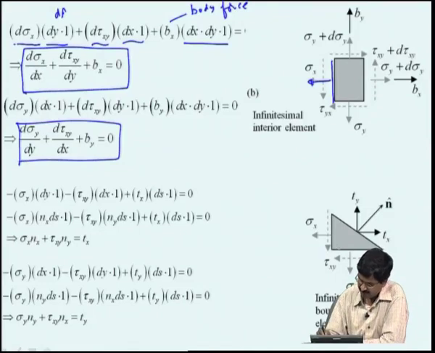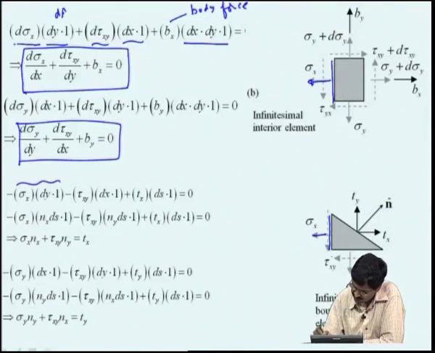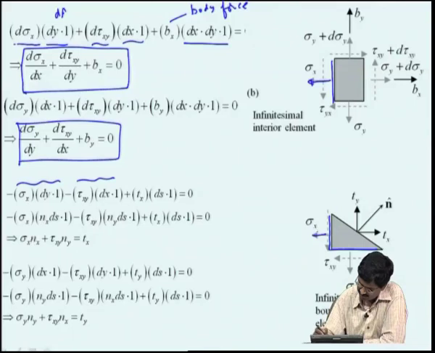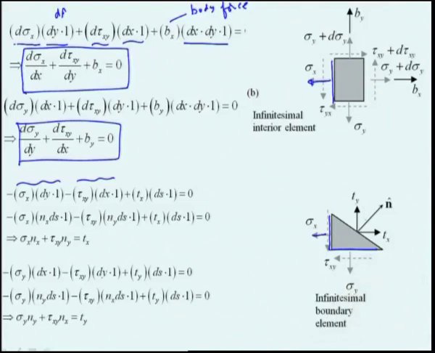When you do it for the wedge element, you take the force sigma x times dy times 1 unit thickness, that is a force due to that, and there is also a shear stress acting over dx times 1, that is acting this way, that is also minus here. Then the external force that is acting, which we denoted by T, will have component Tx, shown here, that acts over a surface ds.